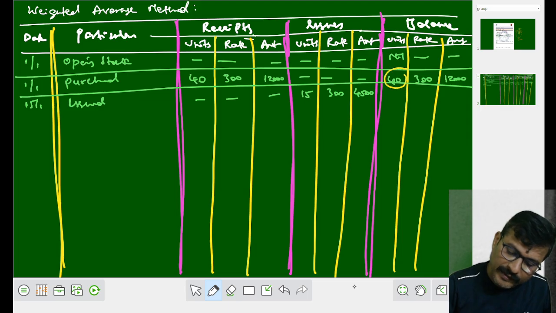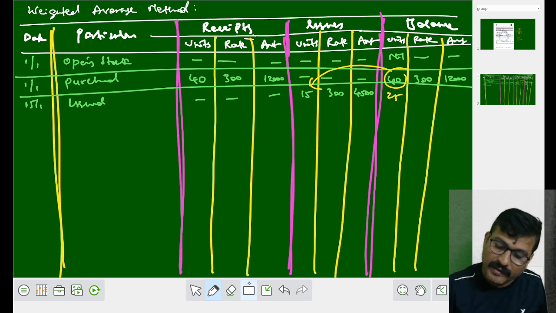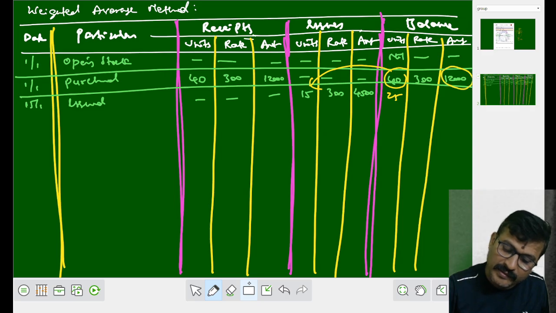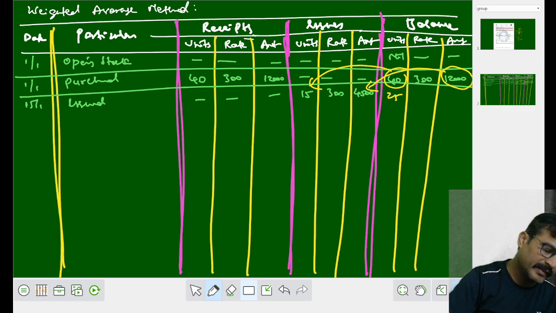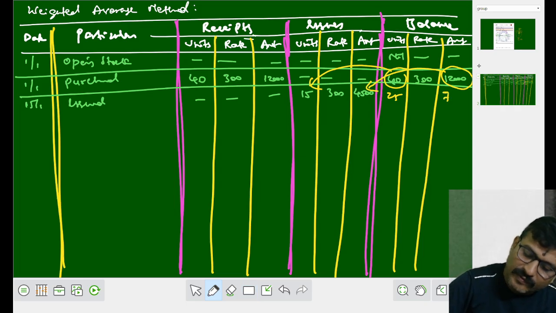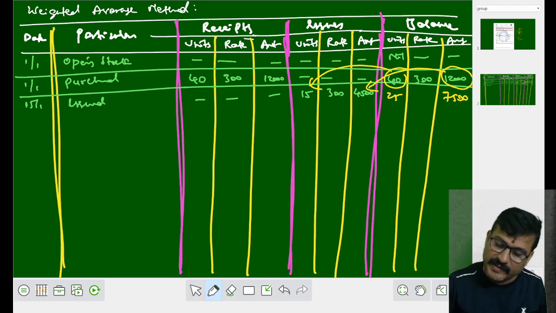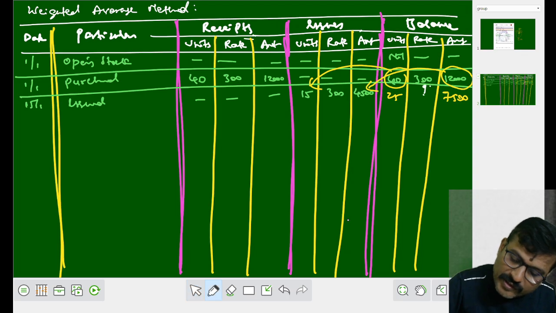Out of 40, subtract 15, we get 25. Out of 12,000, subtract 4,500. We are getting 7,500. Now, my dear student, be specific how to work out the rate.